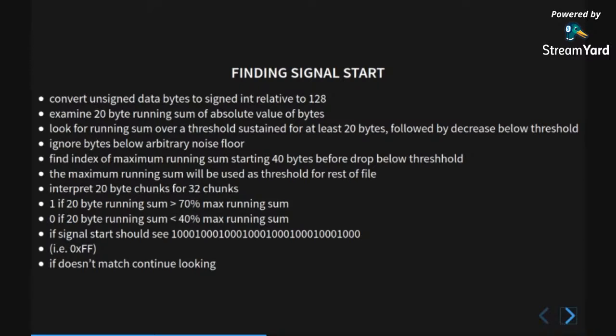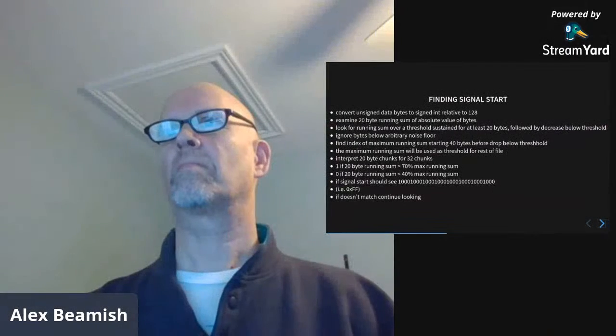So once I find that, I look in more detail, back off a little bit, and look for the maximum of the threshold, and then look at the 20 byte chunk. You should have something that's over the threshold and then something that's well under the threshold.